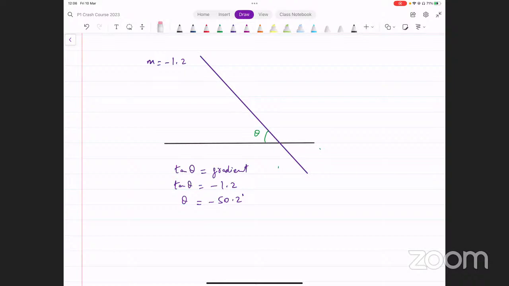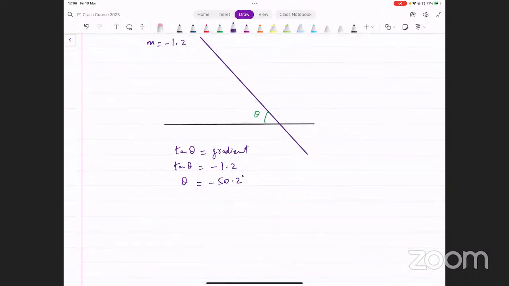It doesn't matter for now whether you're getting a negative angle or a positive angle. Just take tan inverse directly and then change the sign, if the angle turns out to be negative. So the value of theta, therefore, is 50.2 degrees. That's the angle between the line and the x-axis.